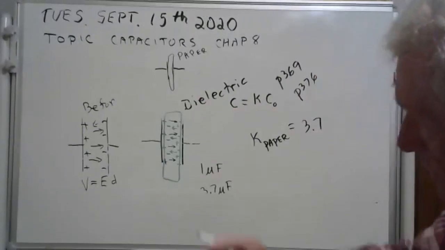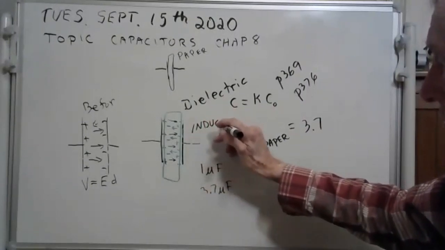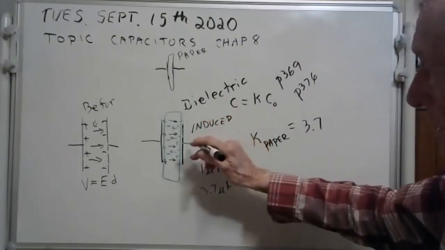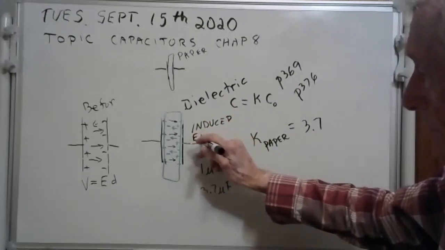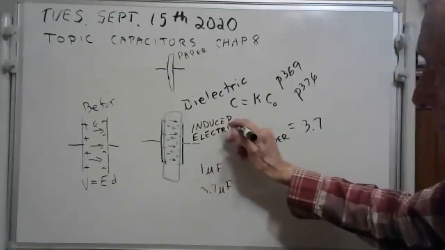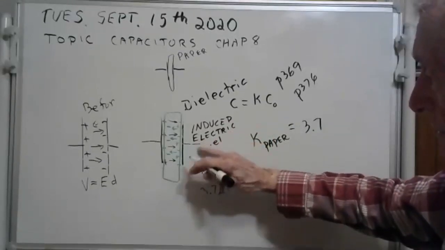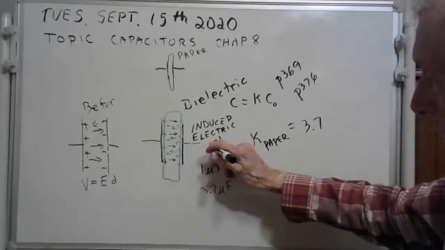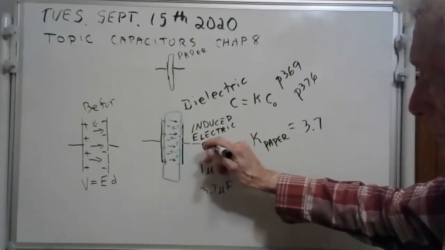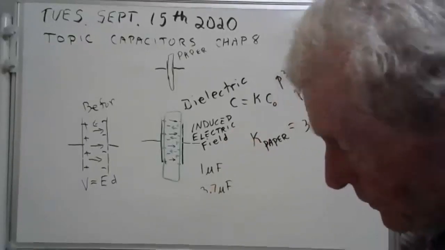It's induced. Let me write that for you. You've got an induced electric field. An electric field is a vector.